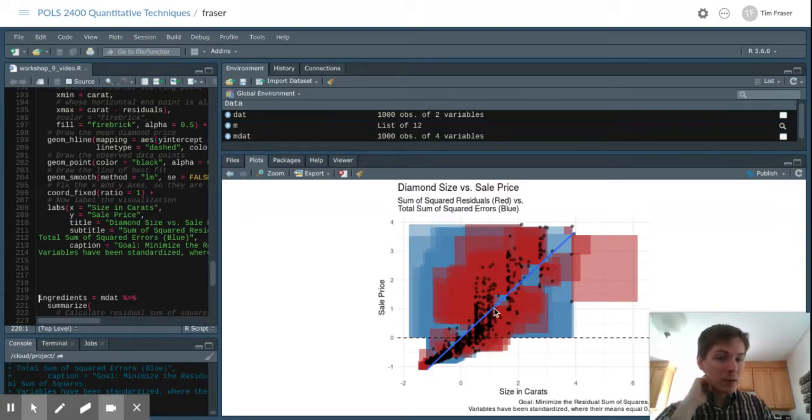How did we make this? For every point, we drew out the residual between the observed point and the predicted point. It's right there. And then we squared it, literally making a square. See that right there?